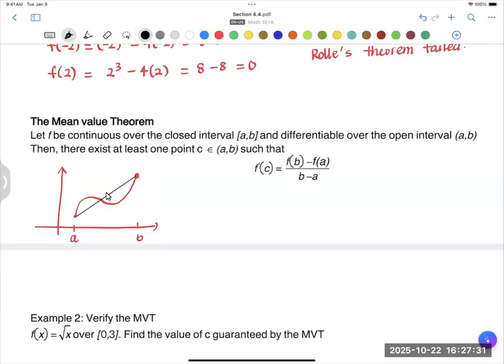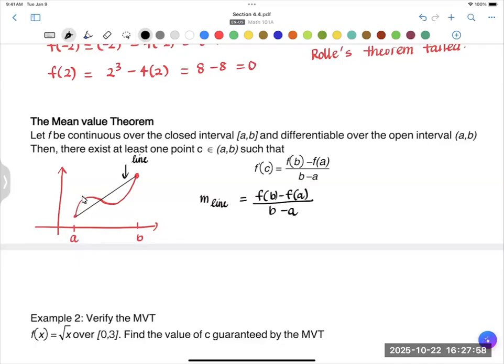If I want to find the slope of this line, I will have y2 minus y1 over x2 minus x1, and that is the same as f of b minus f of a over b minus a. So this is the slope of the line, okay?